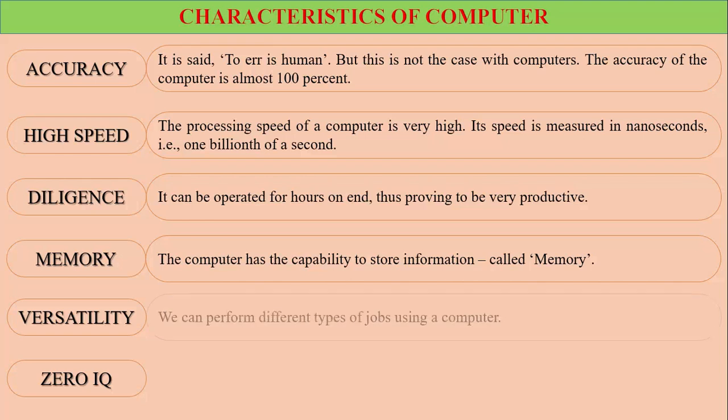Computers are versatile. We can perform different types of jobs using a computer. It can be used for internet access, for listening to music, for education, for business and for many other tasks.